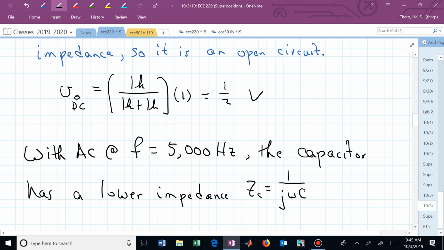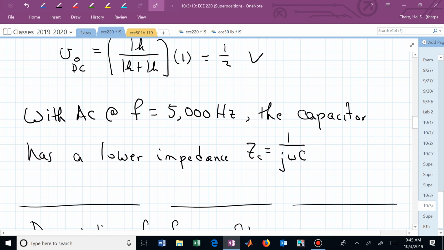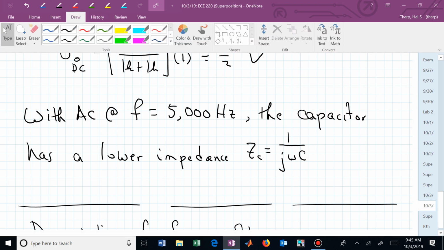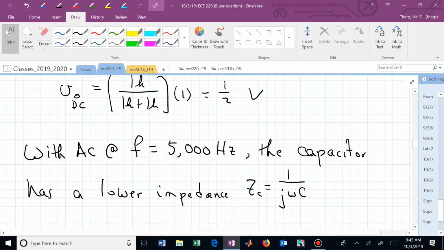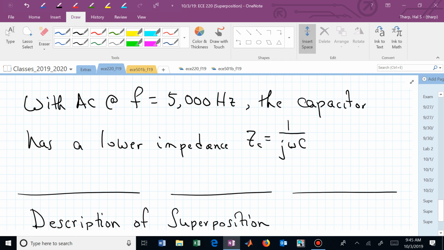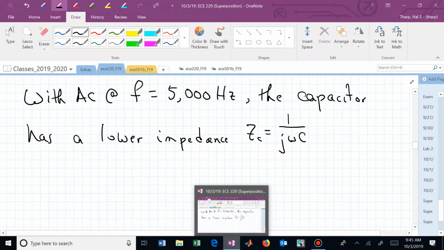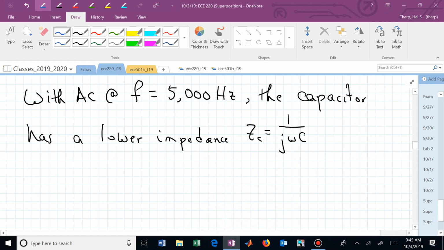And if we just look at the magnitude of that, whoops, running out of space, and what was C?